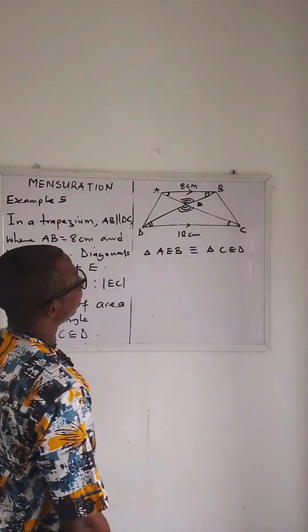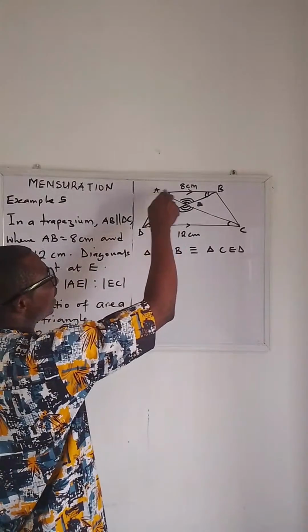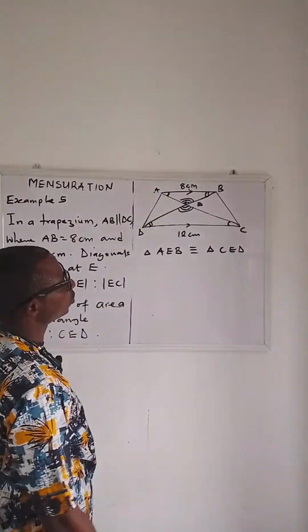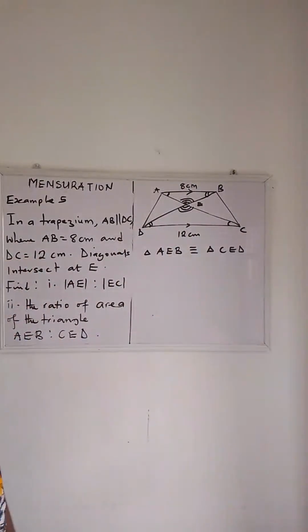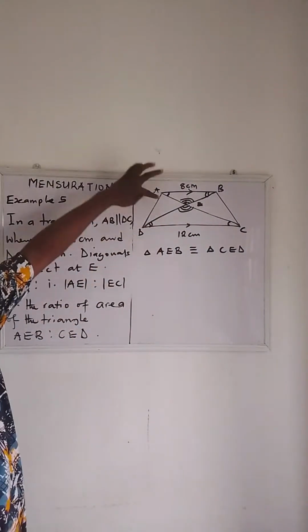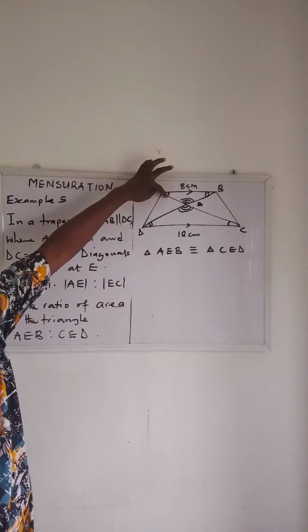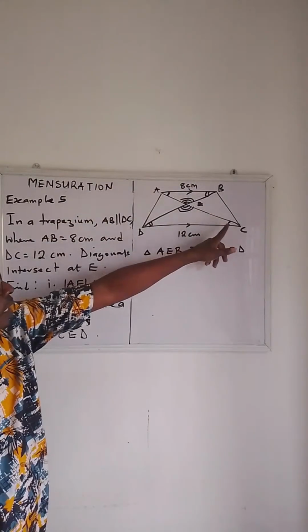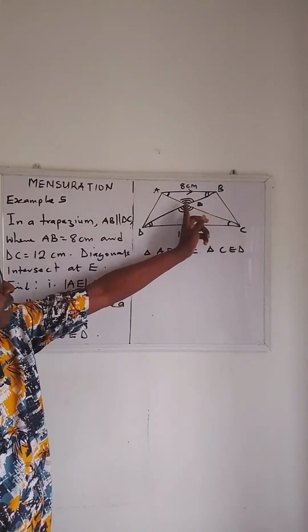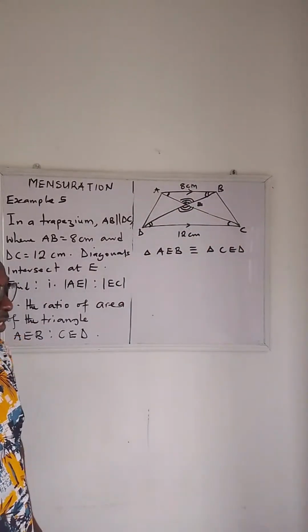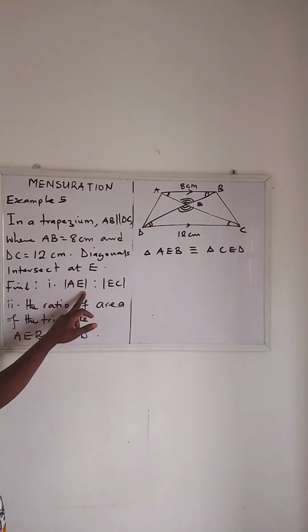The same thing, we have side AE corresponds to side CE. Do you understand now? From an angle with one stroke to E, and from another angle with one stroke to E, the sides will correspond to each other. And that is what we actually want to get now.